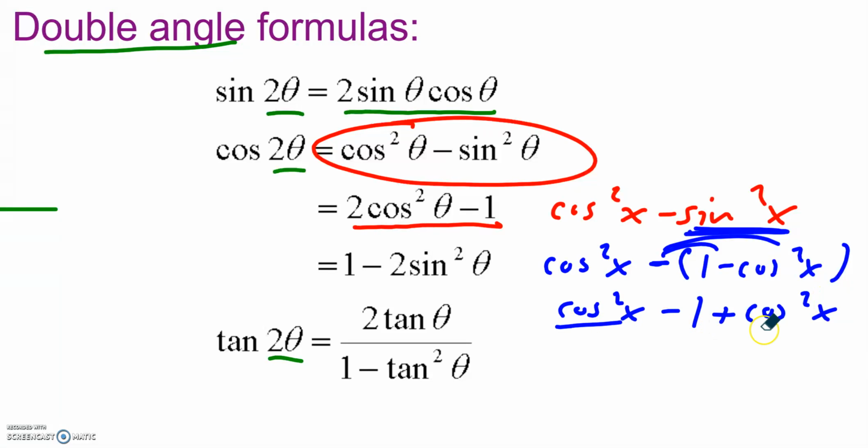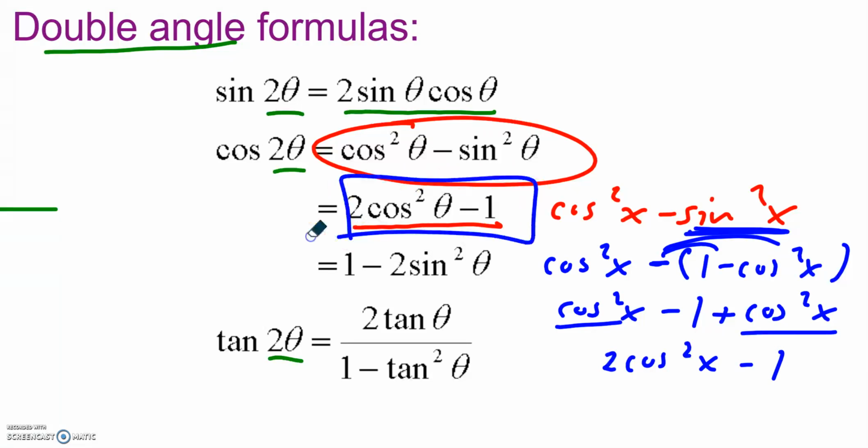So that would be 2 cosine squared x minus 1, which is where this comes from. If you wanted to find this identity from the original, you would replace cosine squared theta with 1 minus sine squared theta, and you would find this identity here. So I just wanted to show you where they come from.